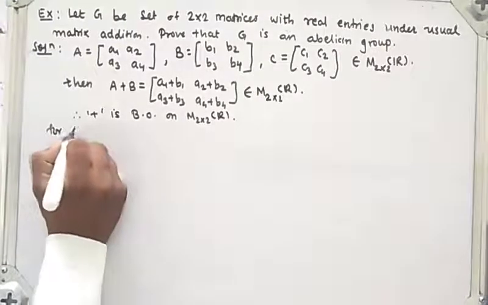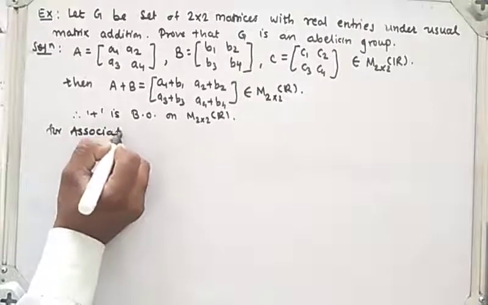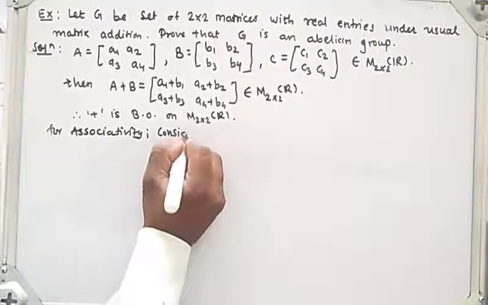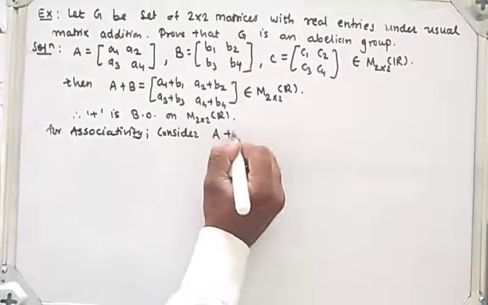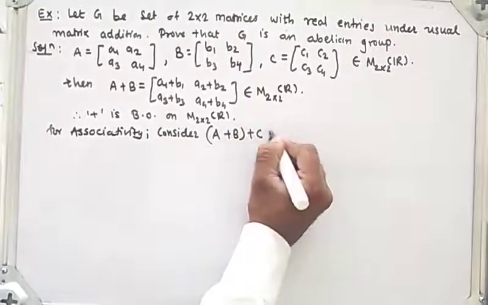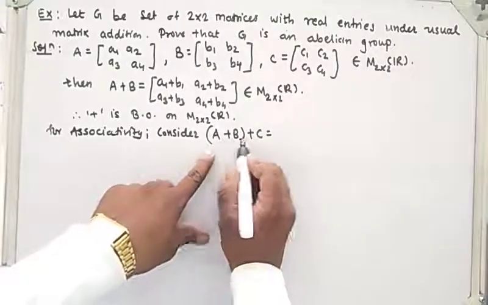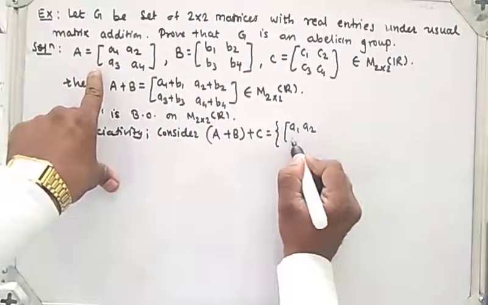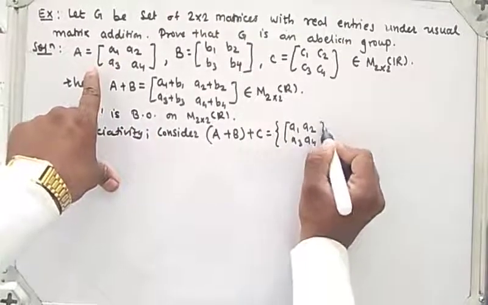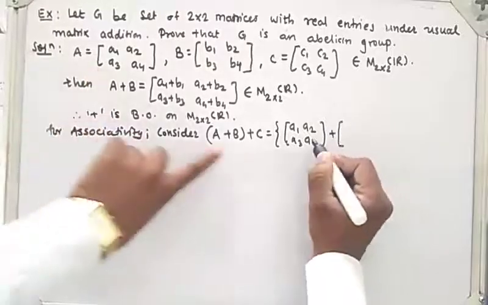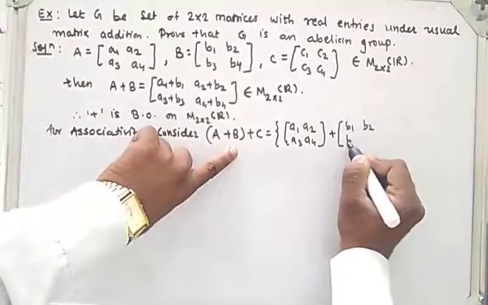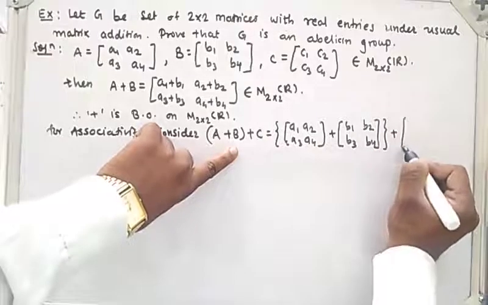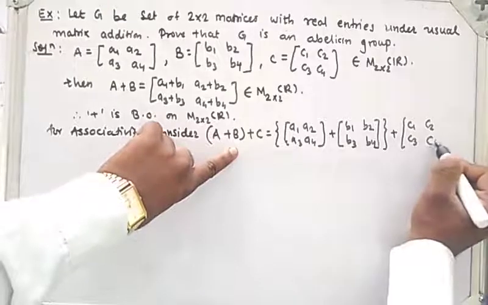So for associativity, consider (A plus B) plus C. A plus B means: A has value A1, A2, A3, A4, plus B has value B1, B2, B3, B4, plus C1, C2, C3, C4.